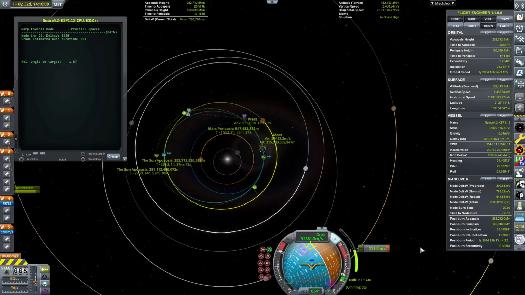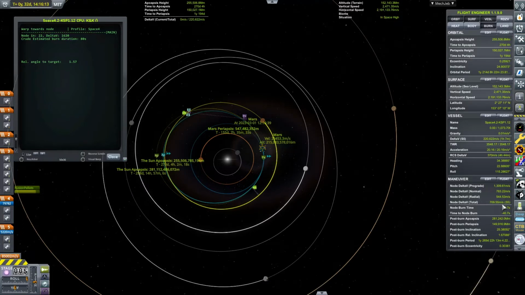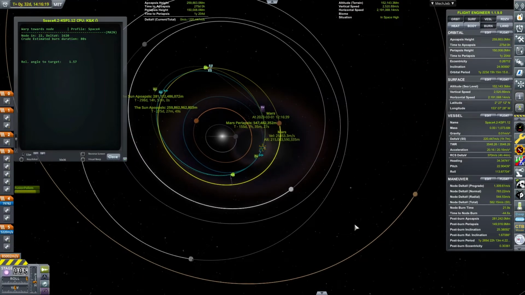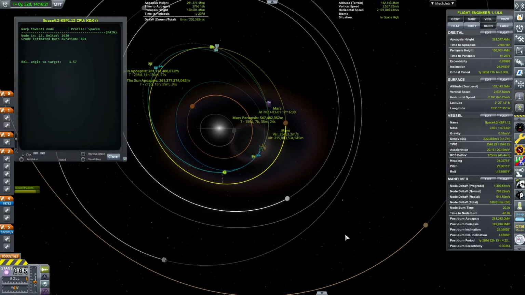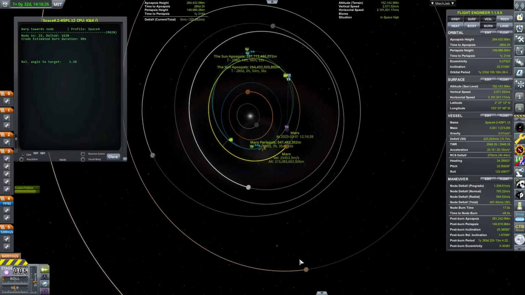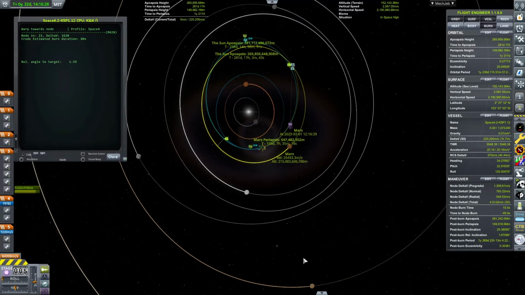But this is useful in order to avoid having our navball here during the map view. Okay, so we still have 300 meters per second to go. 200. 100.